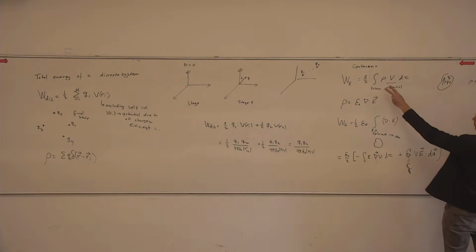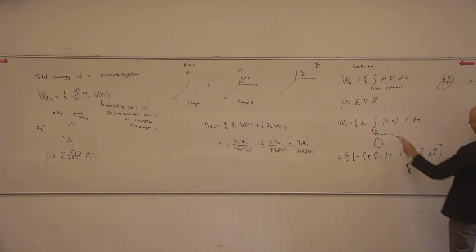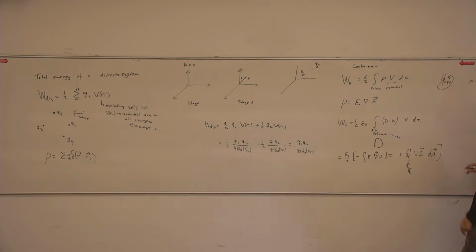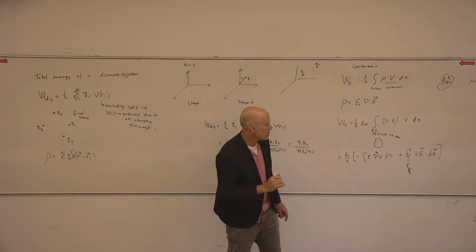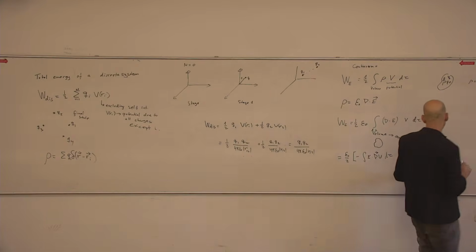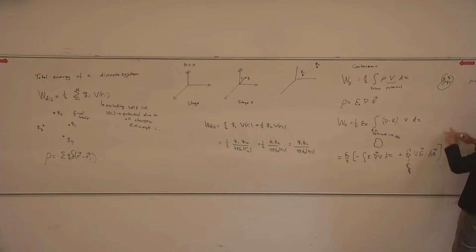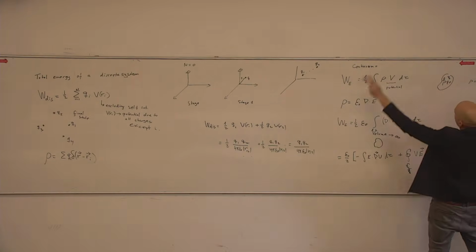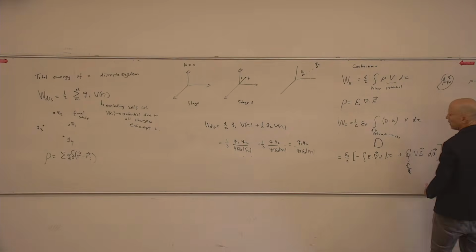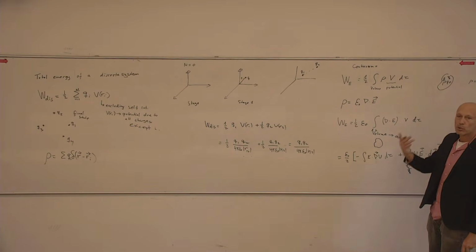This is allowed because of what I said before. What will happen to this guy? Let's say this is a charge system. The total charge is something, far away it goes to 0, that is correct, but you need to be a little bit more careful because dA also depends on R, and it goes to infinity. dA, I have here a surface, think about it as a sphere. dA is proportional to R squared.